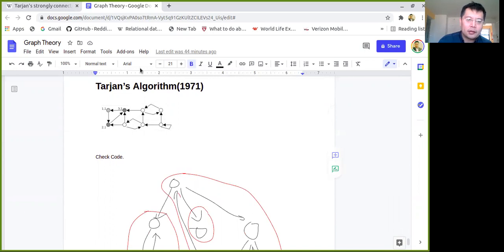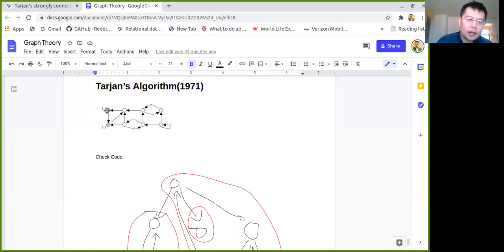And let's see the first picture. It's very interesting because you see two numbers. Actually, the first number is the number at which a vertex is discovered or visited the first time. So all the vertices are numbered from 1 to n, the total number of vertices.